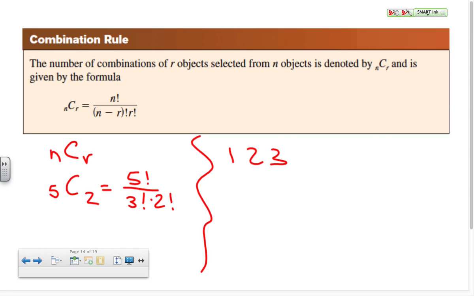So there would be more possibilities when order matters, because I can use the same numbers more than once, in different orders, say 1 and 2 and 2 and 1. Those would be different, so there would be more of them when you have to put them in order. Does that make sense?